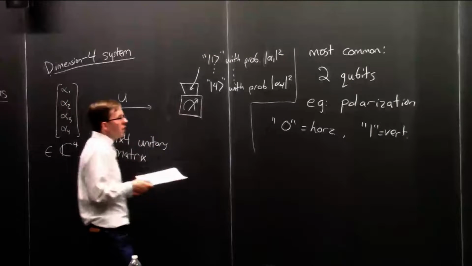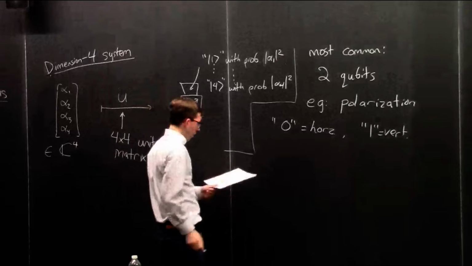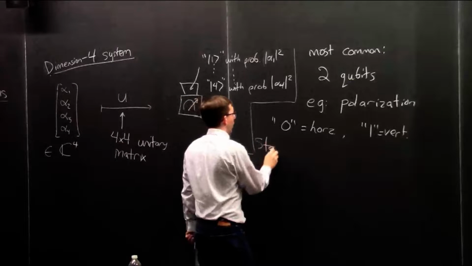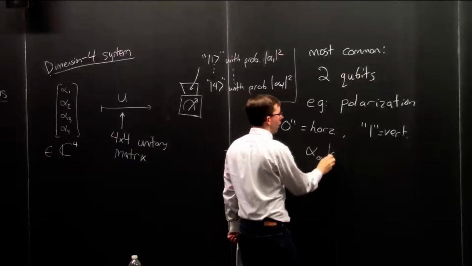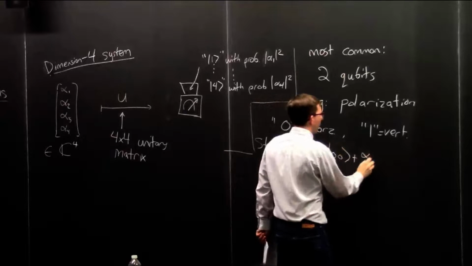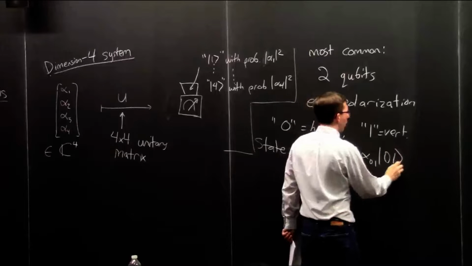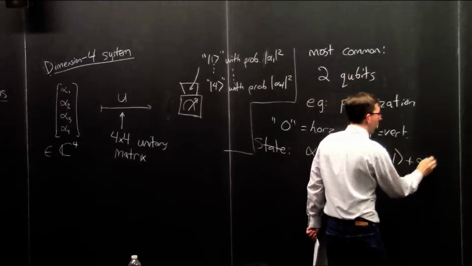And so the joint state of these 2 particles would look like this: alpha 00, the amplitude on 00, and the other 3 possibilities.